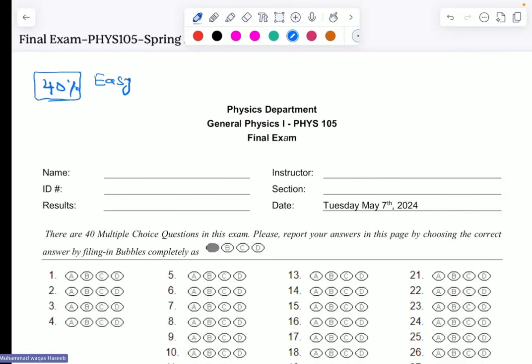Okay, so the first formula is the sum of all forces, which is Newton's second law: mass times the acceleration. This is the heart of this course.